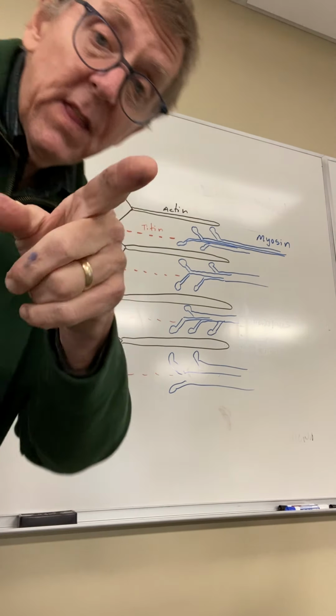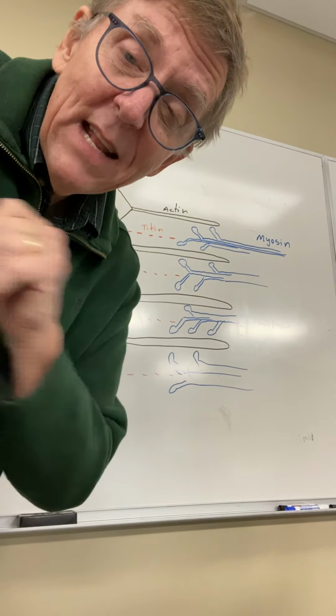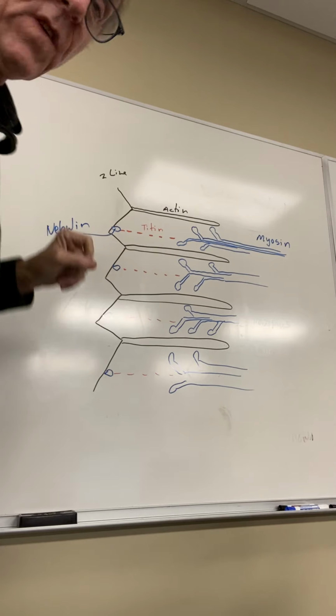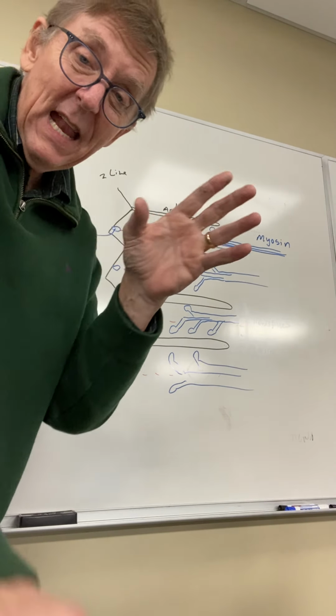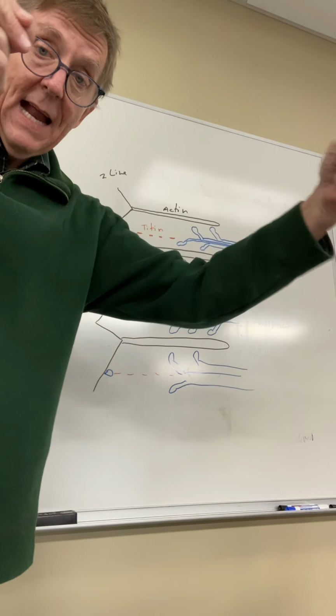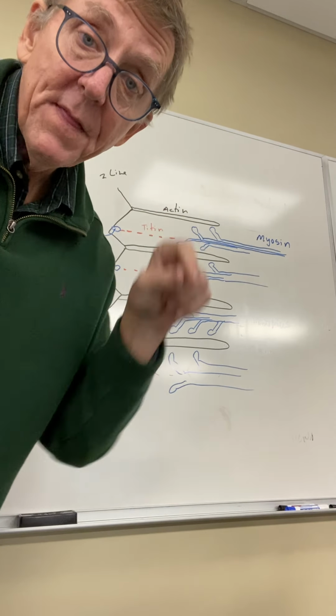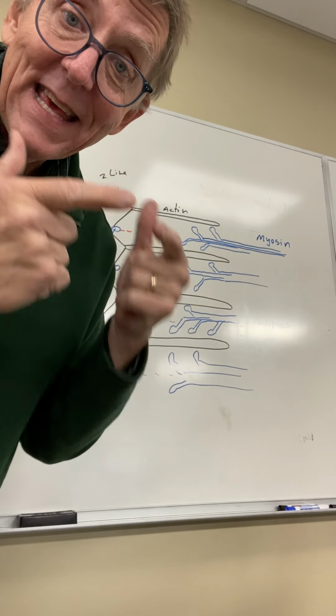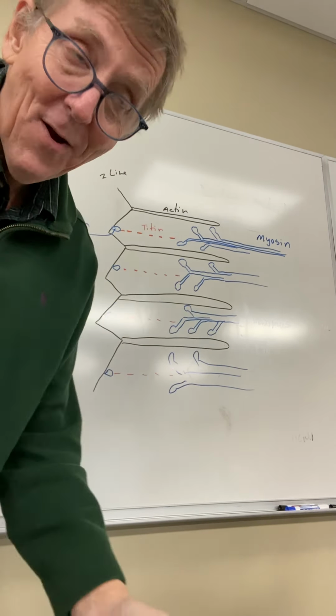It's because there are 2 other proteins that are holding it in place. Something called titin, an elastic type of protein, and it is attached to something called nebulin. And at either end, you're kind of suspending the myosin in the middle of the sarcomere.